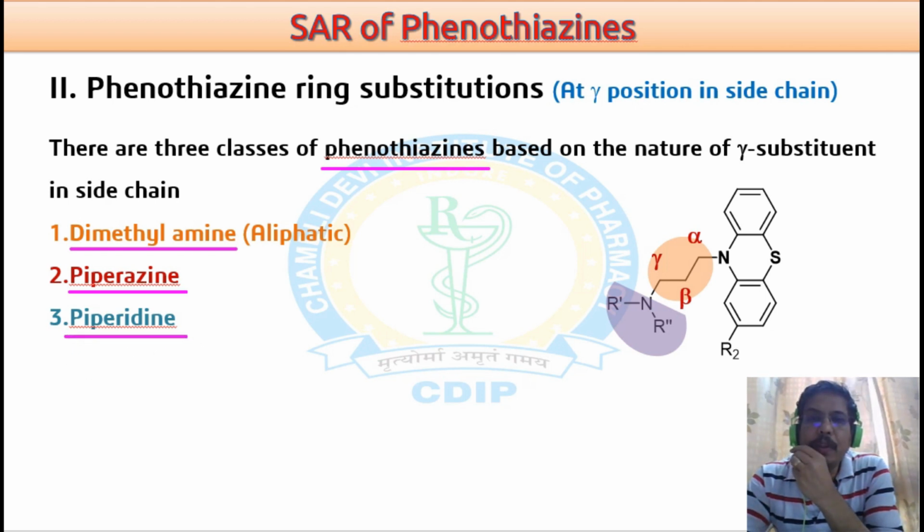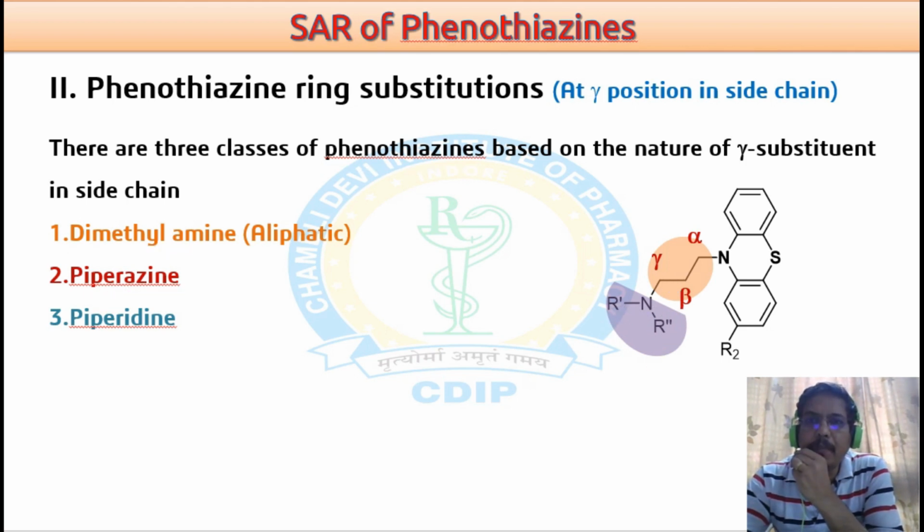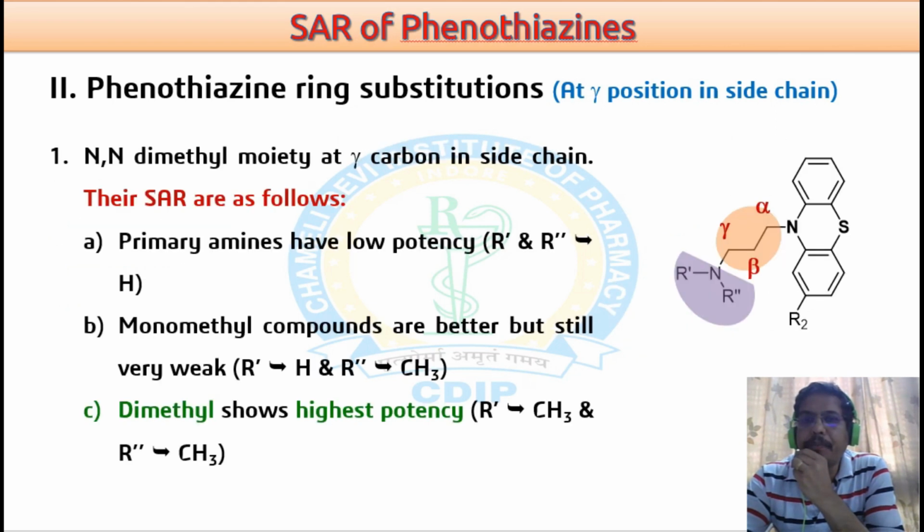Then how they affect the antipsychotic activity of the phenothiazine. This is the gamma carbon, and here we make the different types of changes. That is, the terminal gamma carbon means this whole group. This may be dimethylamino or piperazine or piperidine types of modifications. Then what happens to the activity?